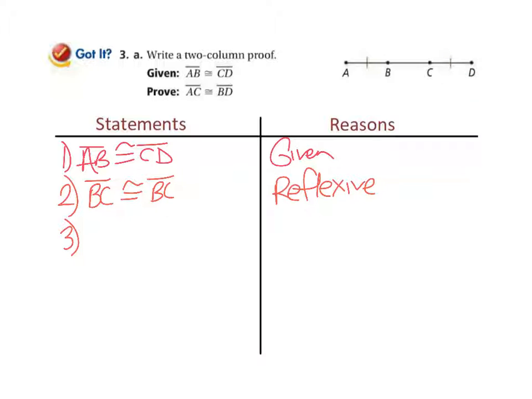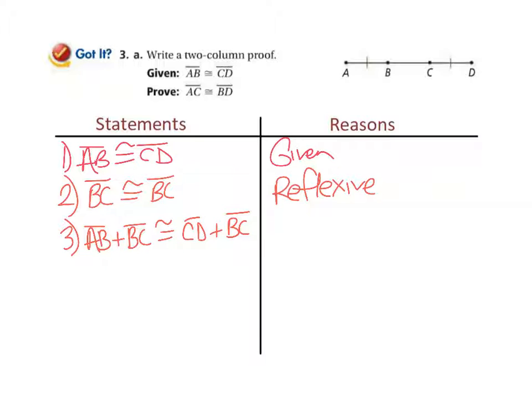All right, so then I'm going to do that addition step. Instead of having AB is congruent to CD, I'm going to say AB plus BC should be congruent to CD plus BC. That's what I'm pulling from step 1, but I'm going to add to it BC.